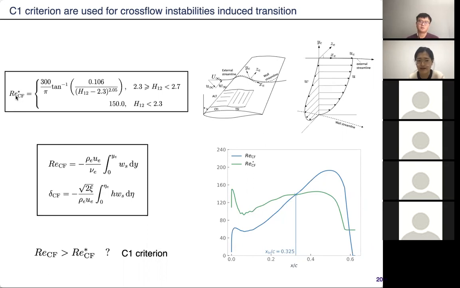So we get the cross flow based Reynolds number, and we have the criterion, and we compare this, and then get the final transition induced by the cross flow instability. But for the linear stability, we will calculate the cross flow instability at different wavelengths, and then compare it with the critical N factor and get the transition locations. I see. Yeah, thanks.